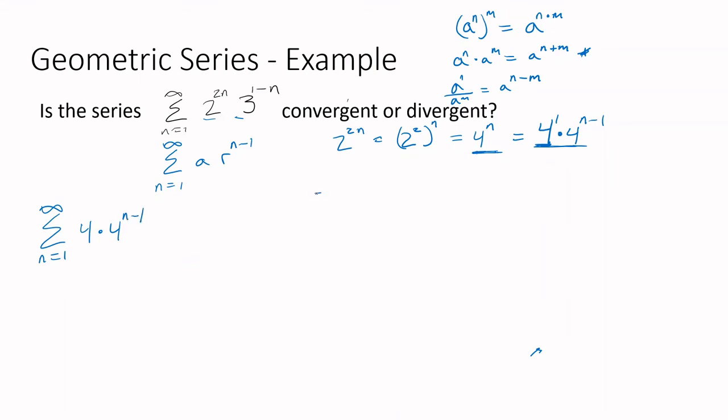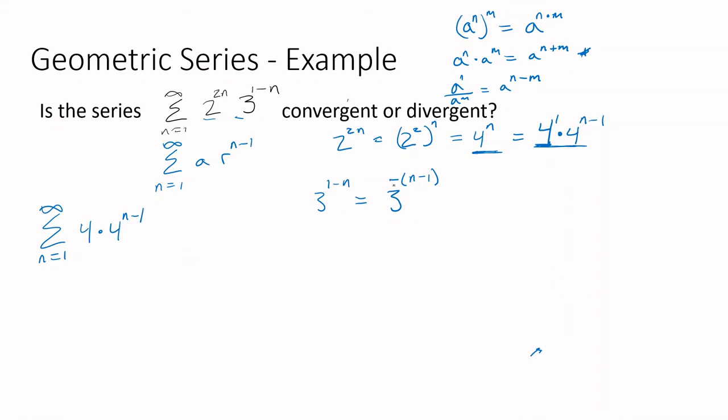All right, let's deal with this 3 to the 1 minus n. Okay, so I have 1 minus n, not n minus 1. It's almost backwards, right? It's flipped from the way it should be. And if you think a little bit more about that, you should be able to convince yourself that that's the negative version of what I want. If you're not sure about that, just multiply the negative back through and you'll see that you get the same thing.